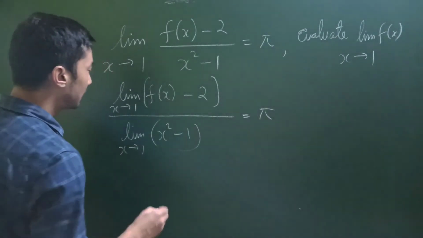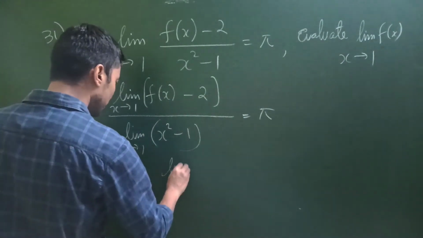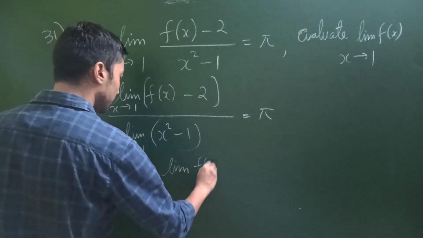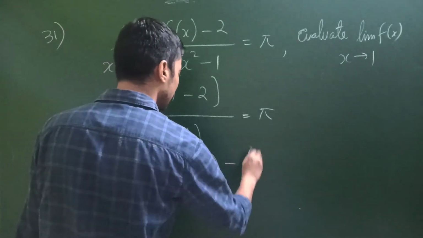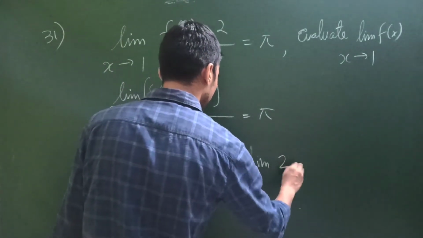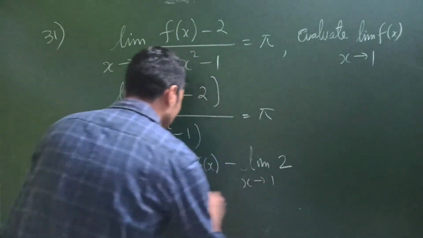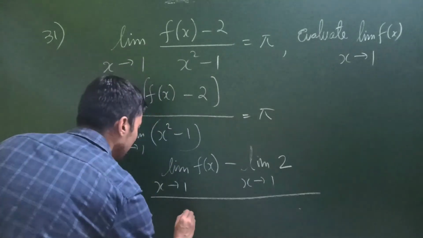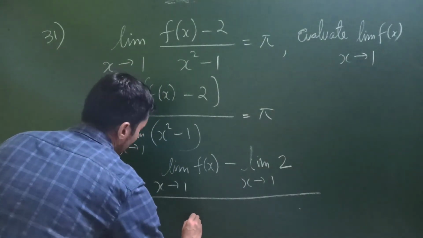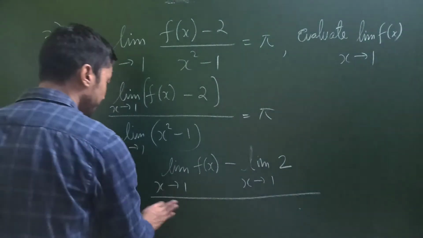Alright, simple as that. Now, again, from the fundamental theorem of limits, we can also write the limiting value of the function f of x. I'll just write limiting value for 2 as x tends to 1, whole divided by. Okay, here maybe I can just put the value, no, not now.